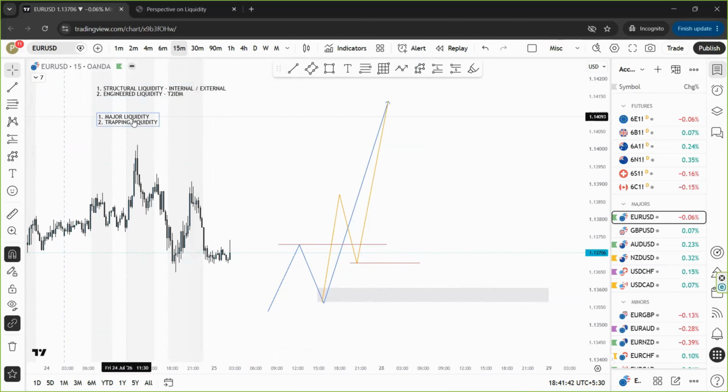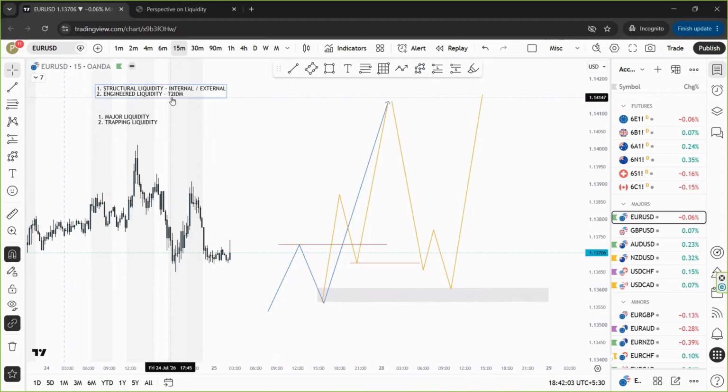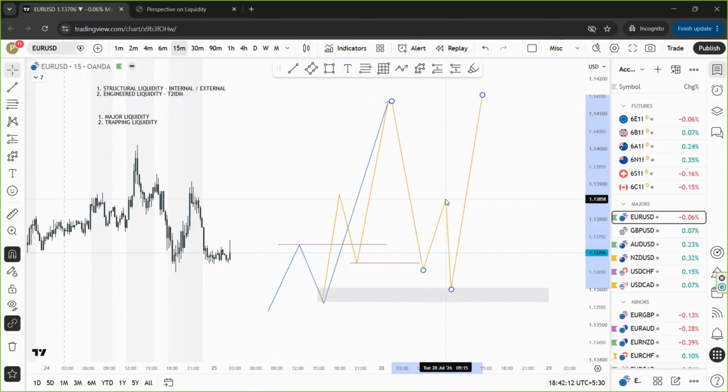But the difference between major liquidity and trapping liquidity is that trapping liquidity acts as an additional layer of liquidity, which traps buyers or sellers before the actual move. So it's something like this. So in the retracement, you can have something like this. And this may or may not be type 2 inducement. It cannot be internal or external because that won't be present in the retracement leg. And when it is present in the retracement leg, it can either be type 2 inducement or it could be something smaller than that.